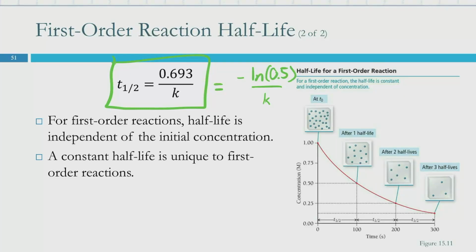So for our first order reactions, our half-life is independent of initial concentration. The T1/2 is our half-life, and all that it depends on is our rate constant. So it'll be the same half-life every single time.